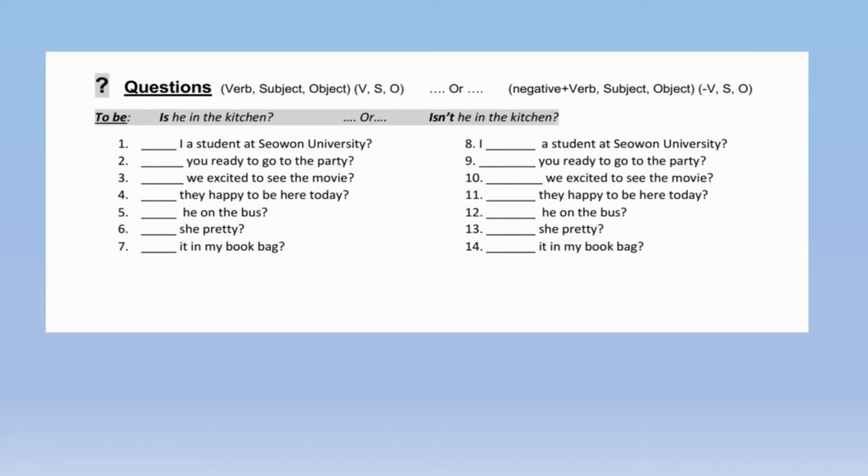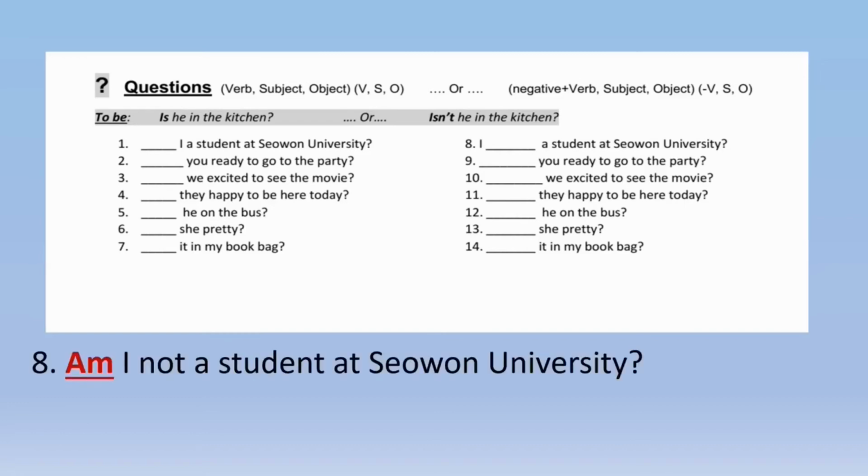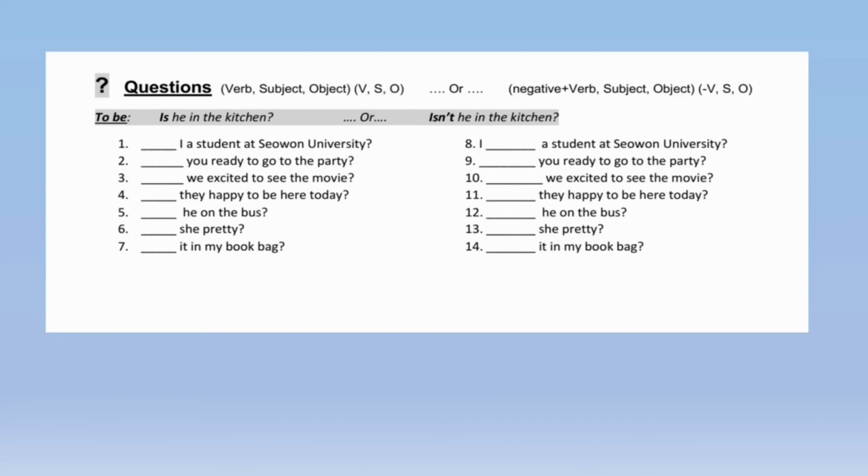Negative form. Number 8. I, Momo, a student at Soan University. Am I not a student at Soan University? Number 9.